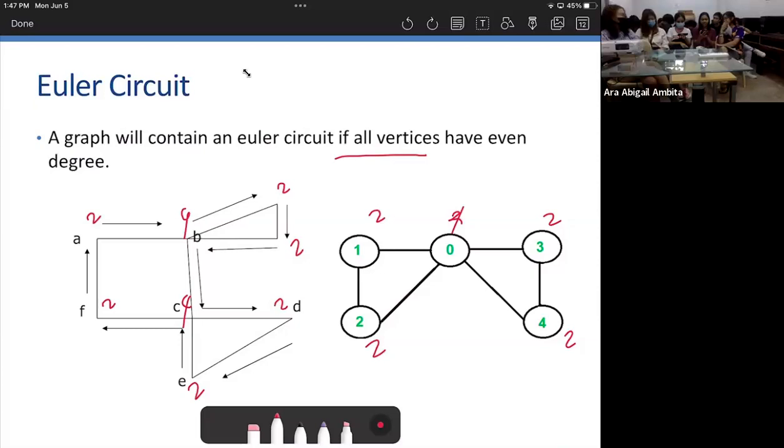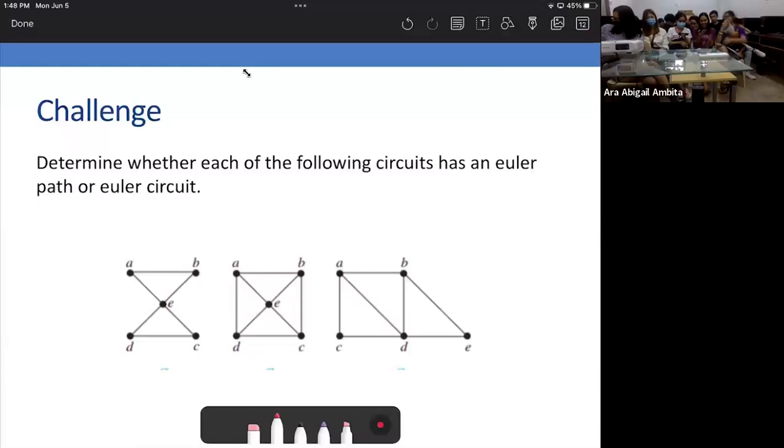So for this challenge, you can do it yourself. You can check if it is an Euler path or an Euler circuit. Does it contain an Euler path or Euler circuit? Circuit? Why? Why? All even? Okay. Sige.